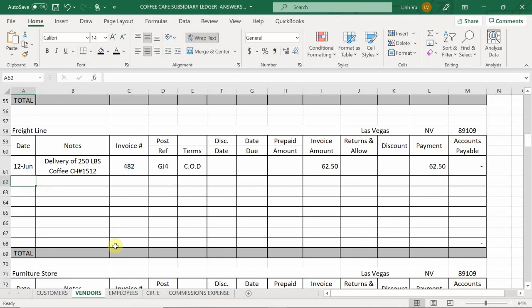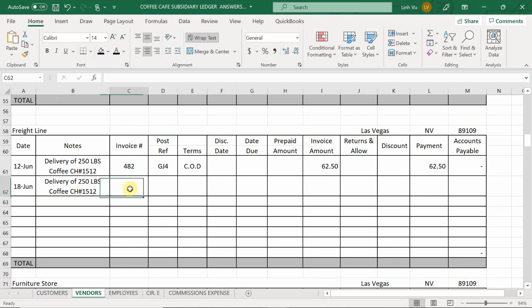618. So invoice, delivery coffee for delivery for Atlas importer. Yeah, if you want to put that, that's fine.